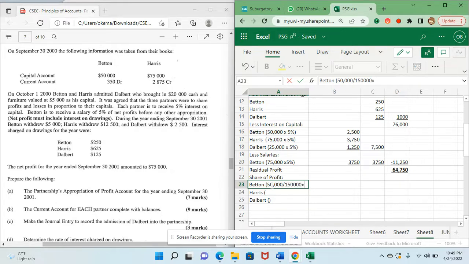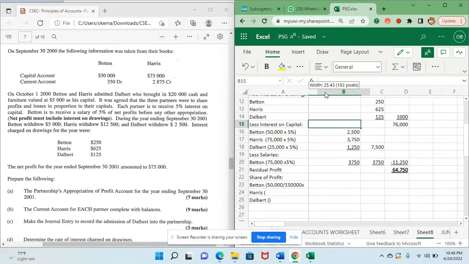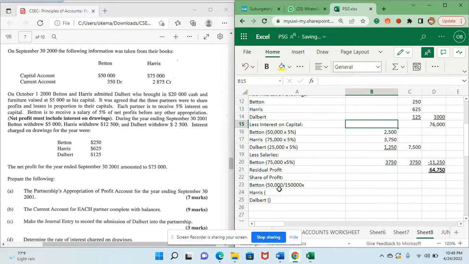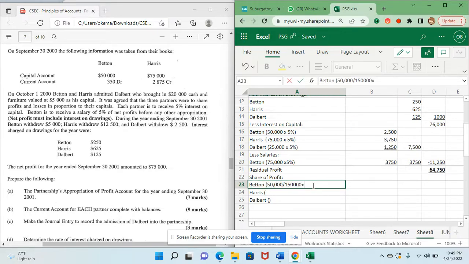And we multiply that by, just give this some more space. Right. And now we multiply that by our residual profit, which is 64,750. So we could have also simplified this because we could have just dropped the zeros here. So there are four zeros. That would have given us 5 over 15.